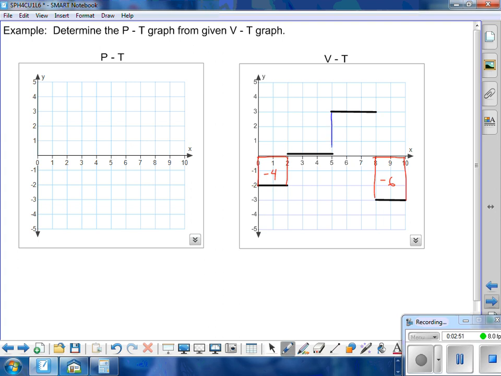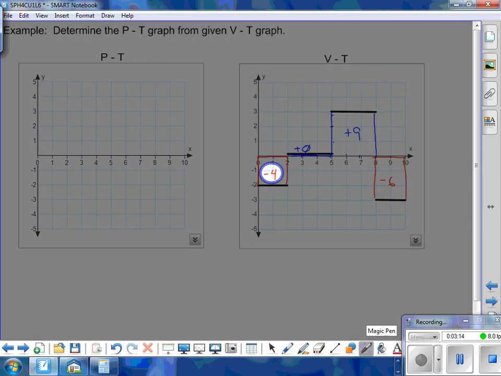Positive area, 1, 2, 3 long, 1, 2, 3 high, so that's a +9. Now this one on the x-axis, it goes 1, 2, 3 seconds, but the height's 0, so this is a +0.